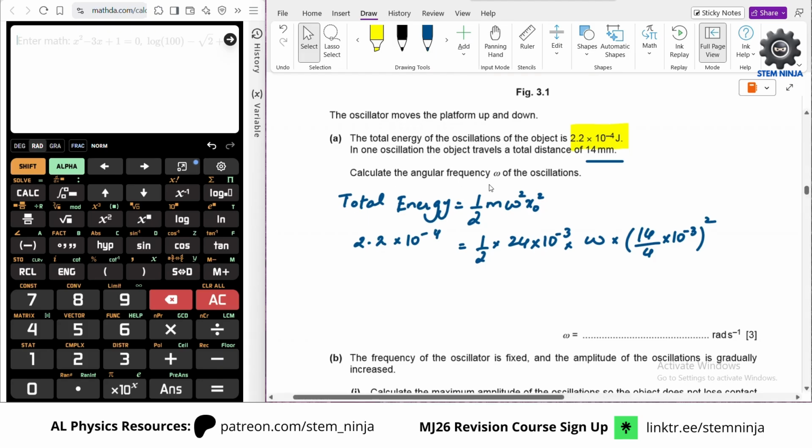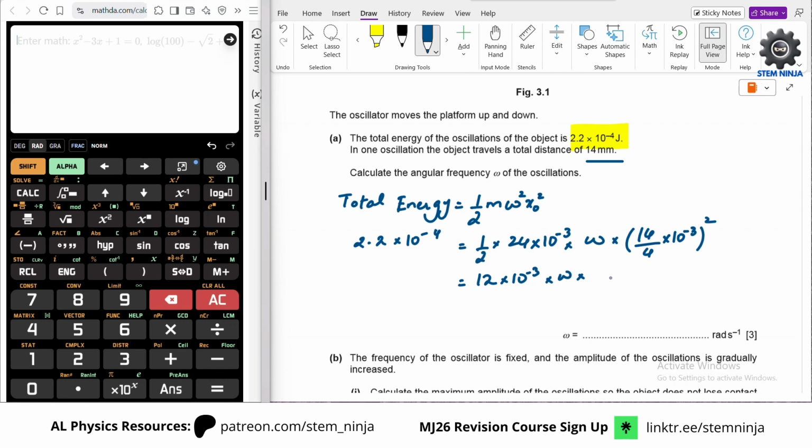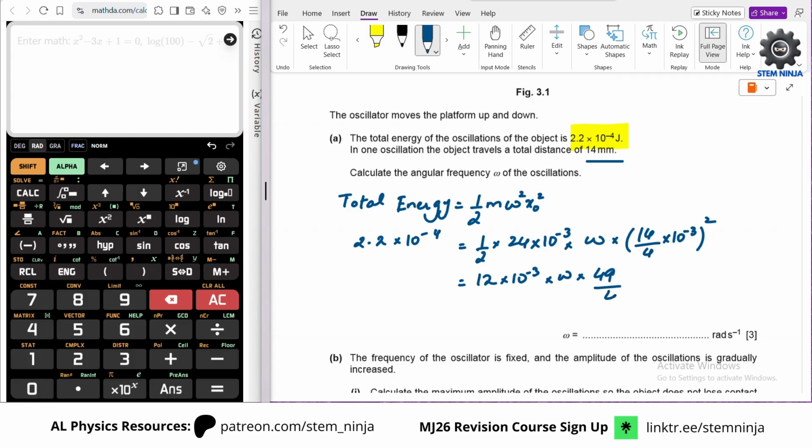So we need to solve for omega, but let's clean out the right hand side. 24 divided by 2 is 12, 10^-3 omega squared. 14 divided by 4 is 7/2, and 7/2 squared is 49 over 4, and this would be 10^-6.